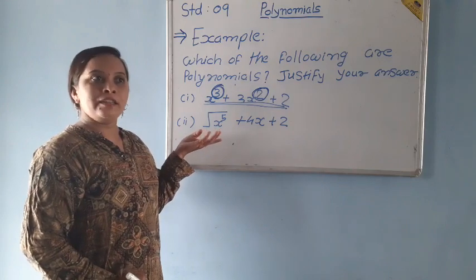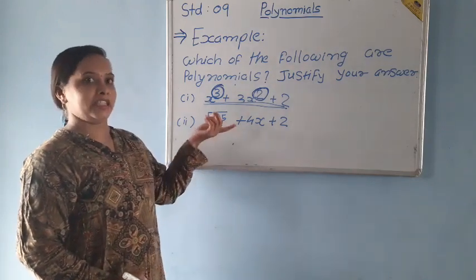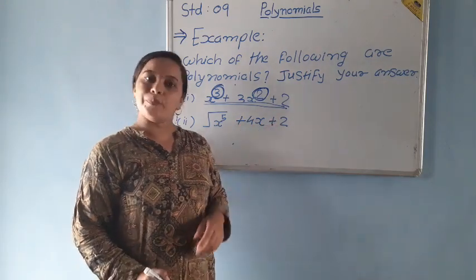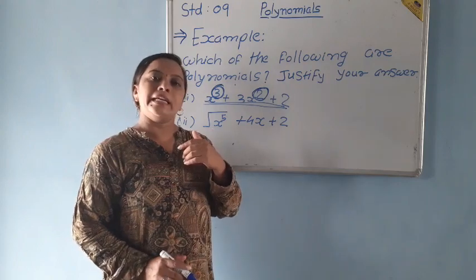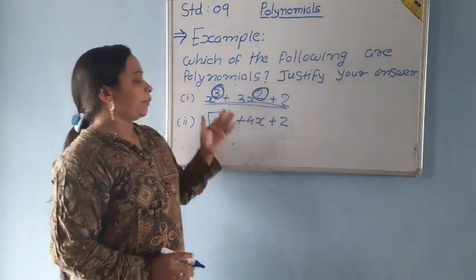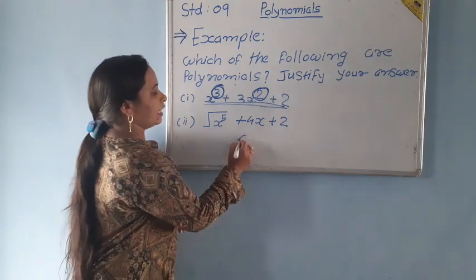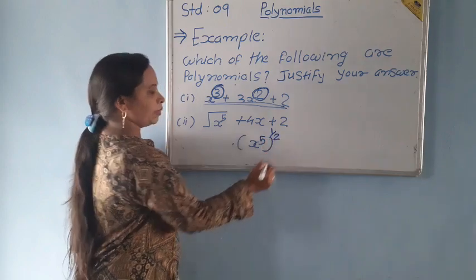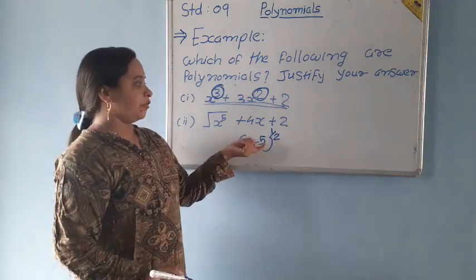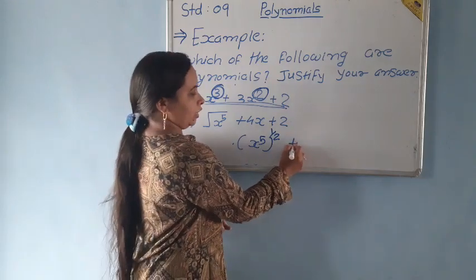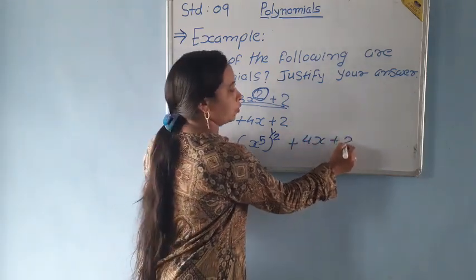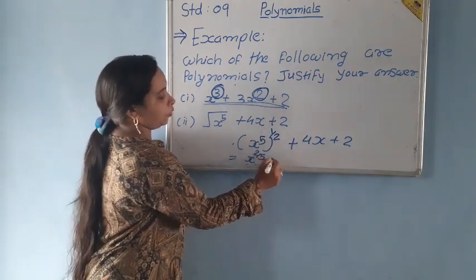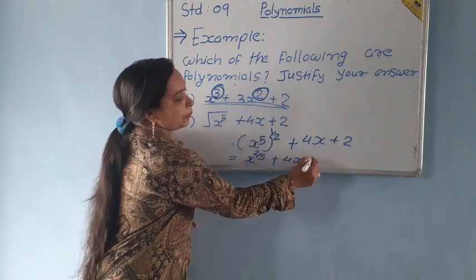Now look at the second expression. Root x raised to the power 5 plus 4x plus 2. Is it a polynomial? No, it is not a polynomial. Why? Because we are able to write root x raised to the power 5 as x raised to the power 5 by 2, so it becomes x raised to the power 5/2 plus 4x plus 2.